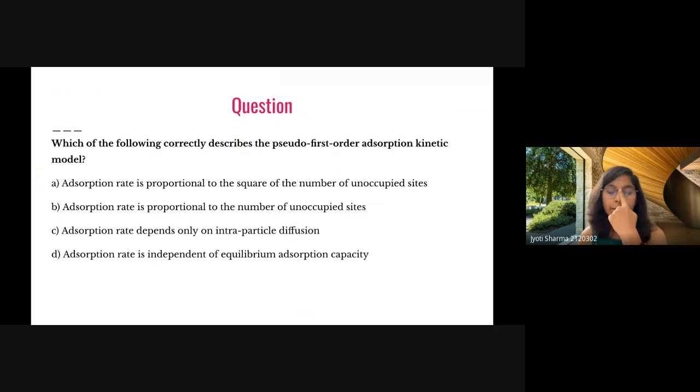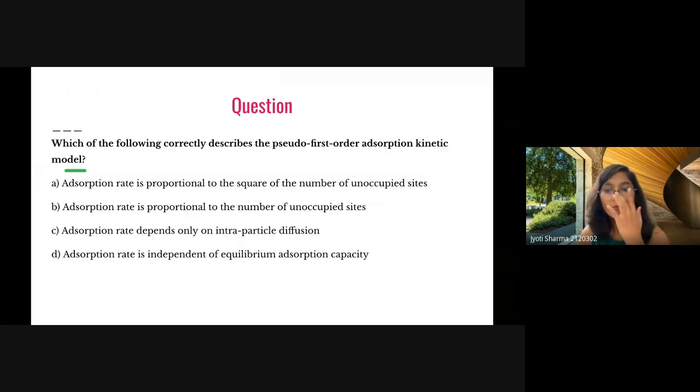Which of the following correctly describes the pseudo first order adsorption kinetic model? We have four options here. Adsorption rate is proportional to the square of the number of unoccupied sites. Adsorption rate is proportional to the number of unoccupied sites. Adsorption rate depends only on intraparticle diffusion. Adsorption rate is independent of equilibrium adsorption capacity.